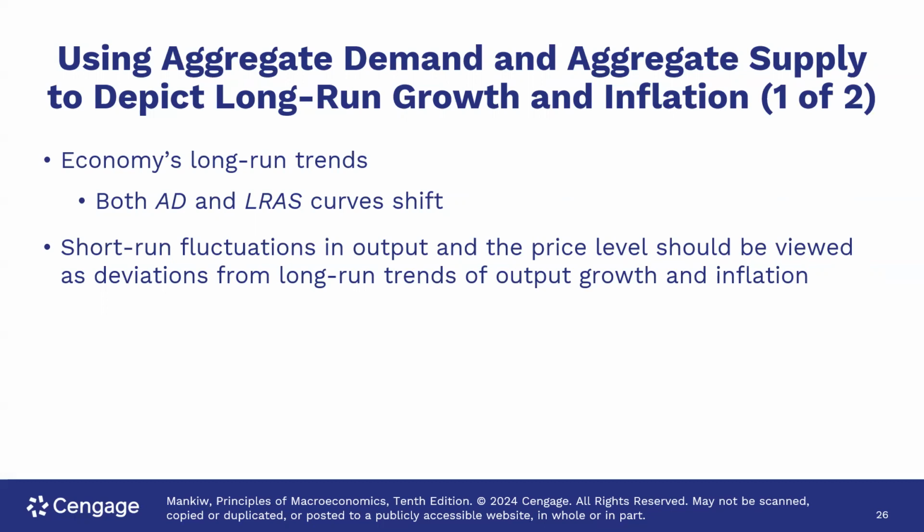If there's a change in the economy's long run trend, the aggregate demand and long run aggregate supply curves both will shift. On the other side, the short run fluctuations in output and the price level should be viewed as deviations from the long run trend of output growth and inflation, right?